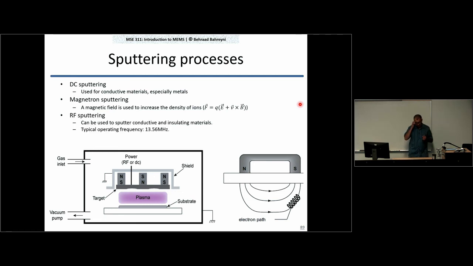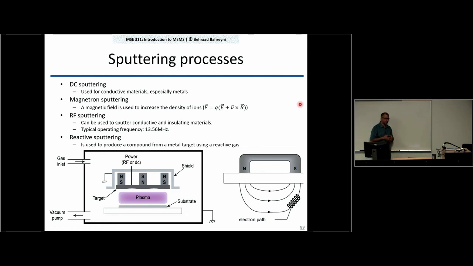And then RF sputtering or AC sputtering is the one process that we just mentioned. There is an alternative to this process where instead of argon we can use another gas. So for example, you can sputter aluminum with nitrogen. In this case, aluminum actually does react with nitrogen.